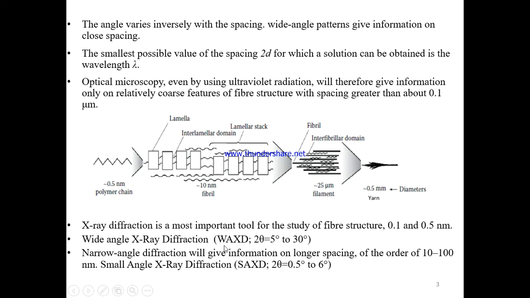In a WAXD instrument the scanning angle generally ranges from 5 to 30 degree, and in small angle X-ray diffraction the angle range is 0.5 to 6 degree. The information obtained from these two instruments will also be different.